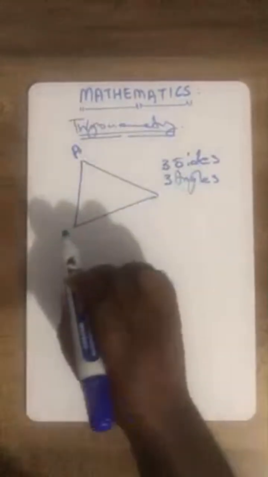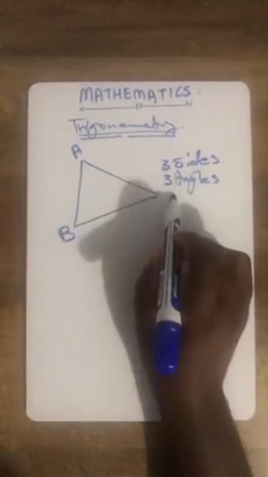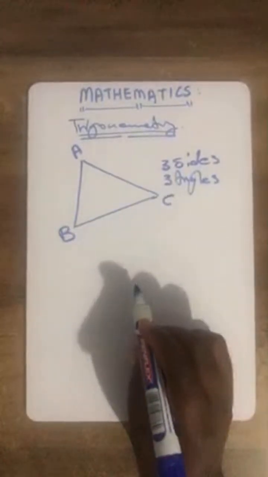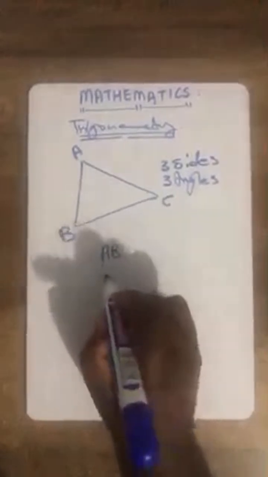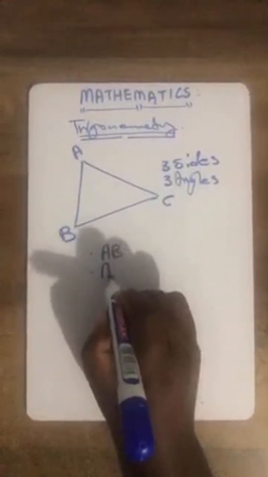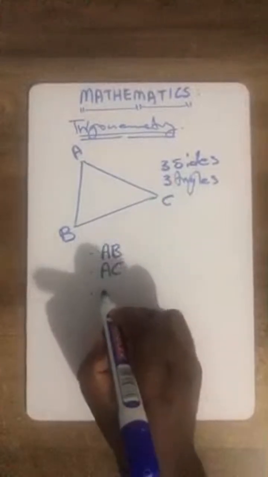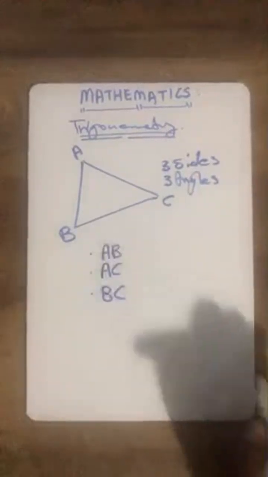To make it easier, we can say that point is A, that one is B, and that one is C. So in terms of the sides, we have side AB, side AC, and side BC.